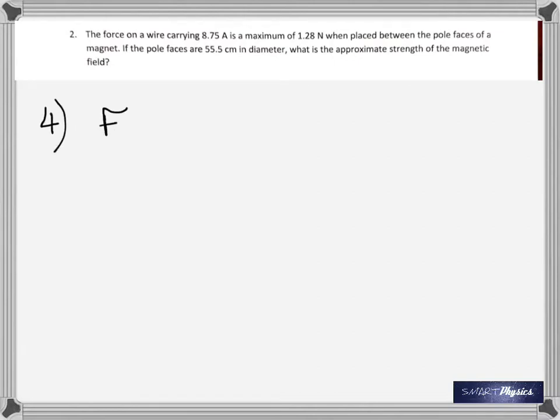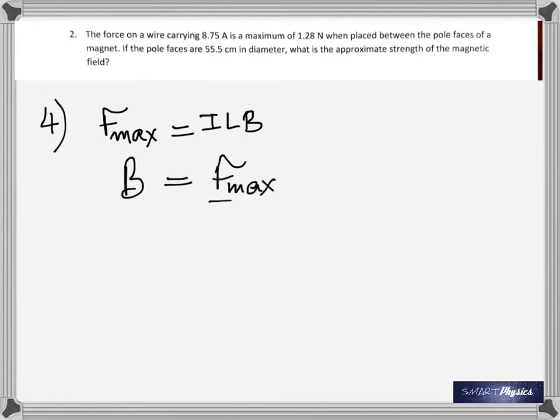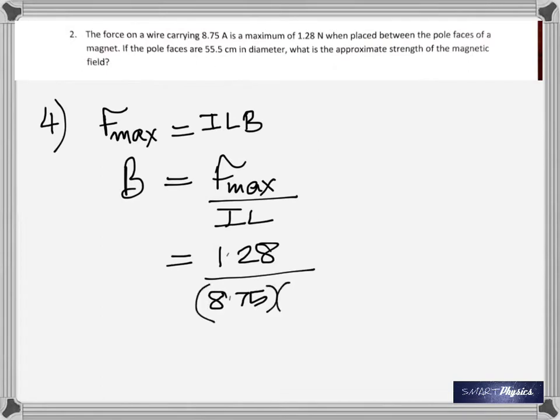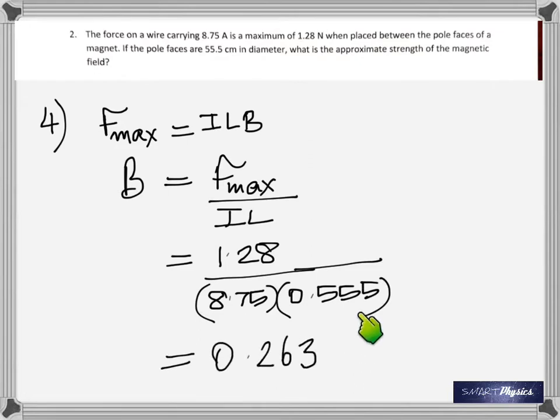And now therefore use the formula for maximum force, which is ILB, because sine 90 is 1. And then from there calculate the magnetic field strength. Now that's in meters. And you get 0.2635 Tesla.